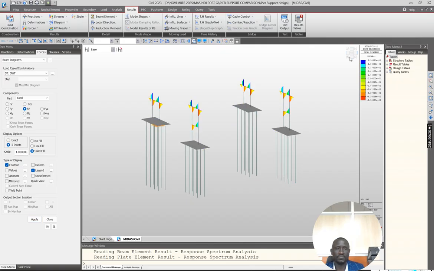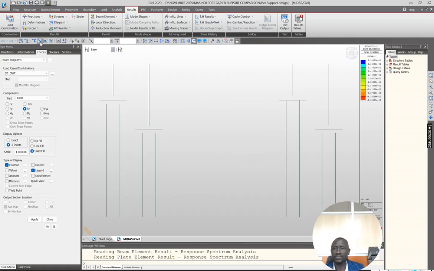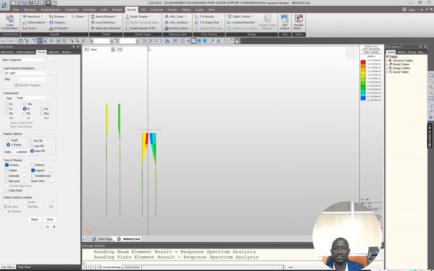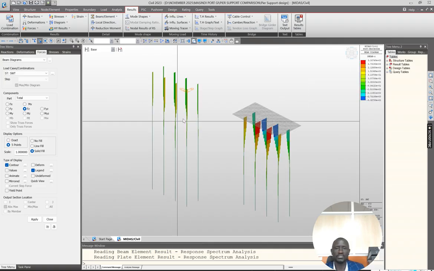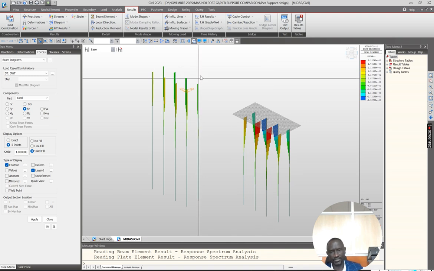so these are the shear forces happening. You can see for this, because it is already up, it tends to be slightly lower than when this is fixed at the riverbed.